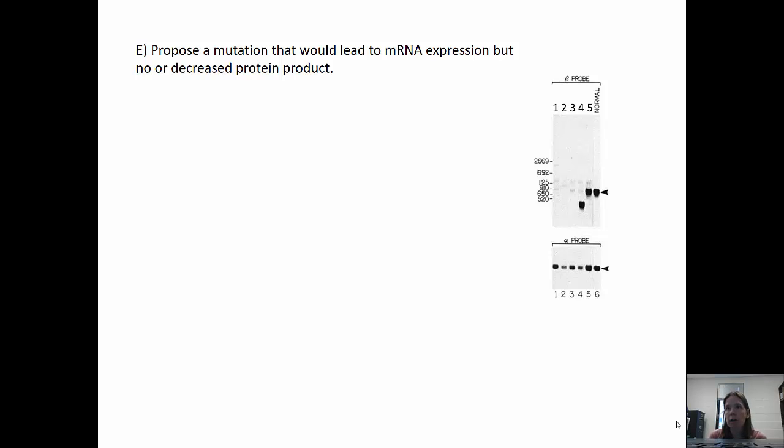So remember, microRNAs are those short RNA fragments that bind to the 3' UTR of mRNAs, and they block translation. So if there was a mutation in a microRNA so that it could now bind to this mRNA, it could block translation of this gene.